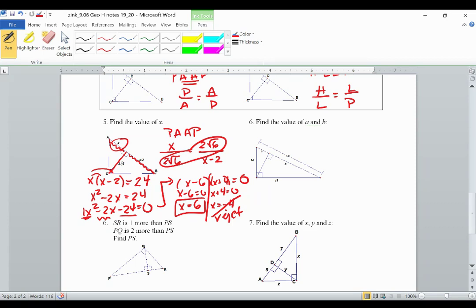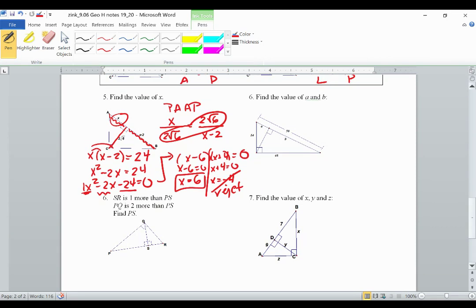Okay, so let's look at number 6. So find the values of A and B. So for this one, looking at your altitude, is it given or are you looking for it? And hopefully you said no, you don't have it, it's not given to you and you're not looking for it.